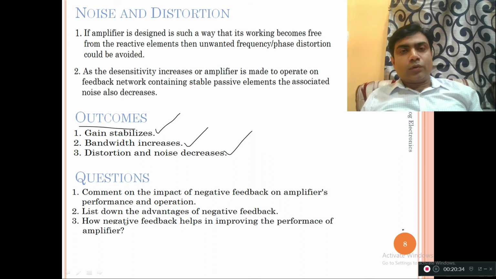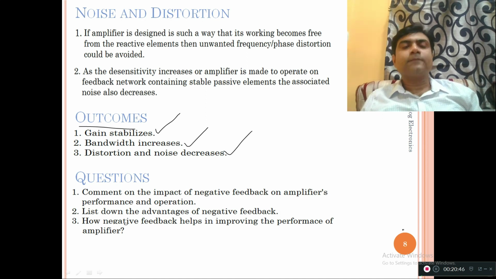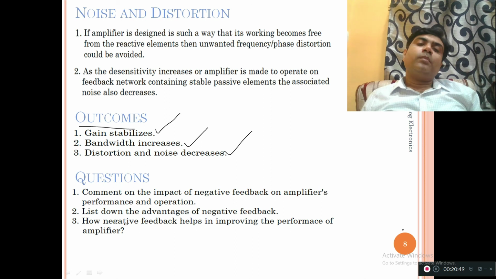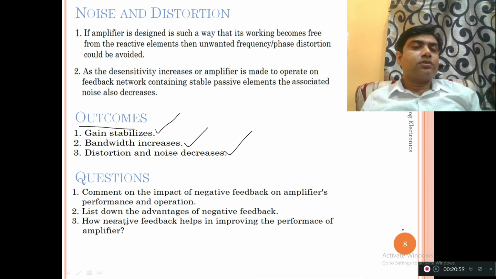If you have any doubts, you can ask in the comments as well. And I strongly recommend that you go through lecture number 1 to lecture number 7 in order to completely understand what we have discussed: the basic theory of the amplifier's operation, the categories of the amplifier, how we can define the different configurations of the amplifier, what the sampling and mixing networks are, and how those sampling and mixing networks help us to determine the voltage shunt, voltage series, current shunt, and current series configurations.